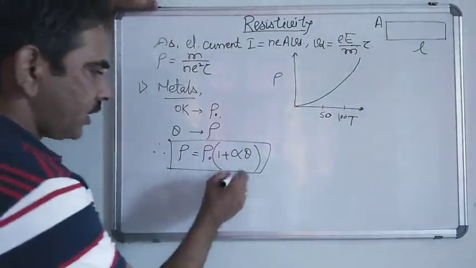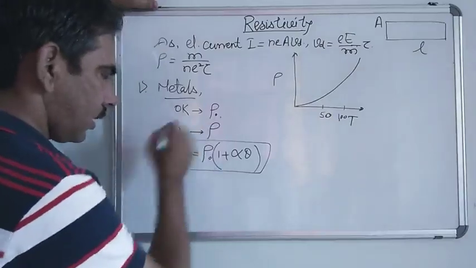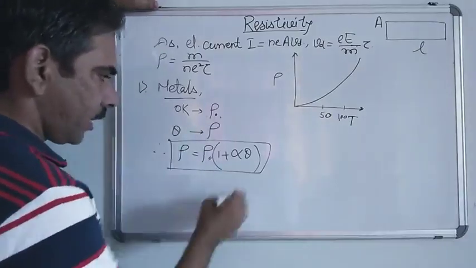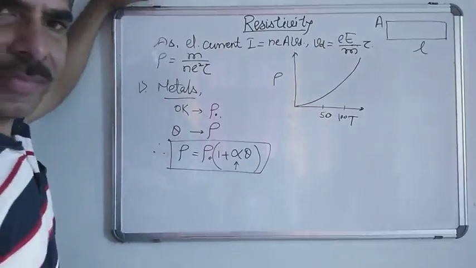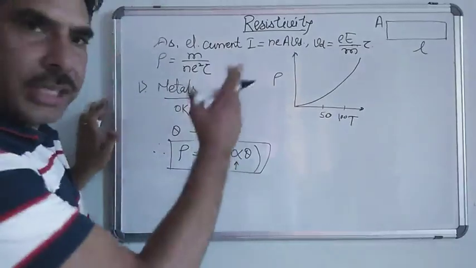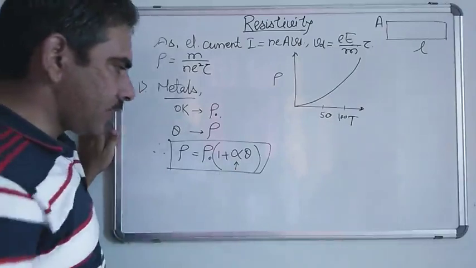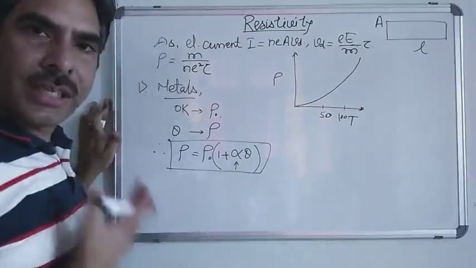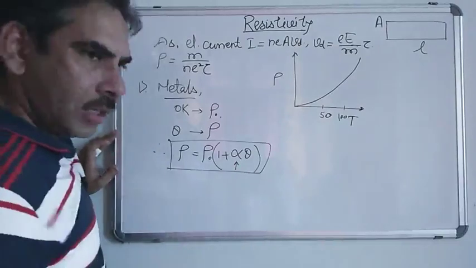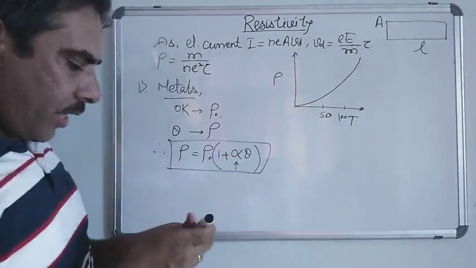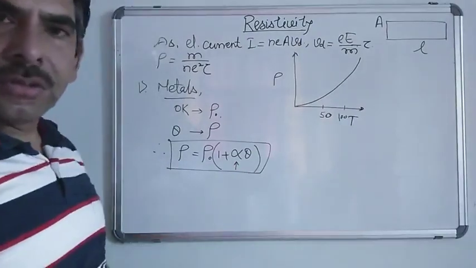From here we see that rho naught is the resistivity at the earlier temperature, room temperature or 0 Kelvin, and alpha is the constant for the given kind of material. This constant is the temperature coefficient of the resistivity. It measures the variation in resistivity with respect to change in temperature.